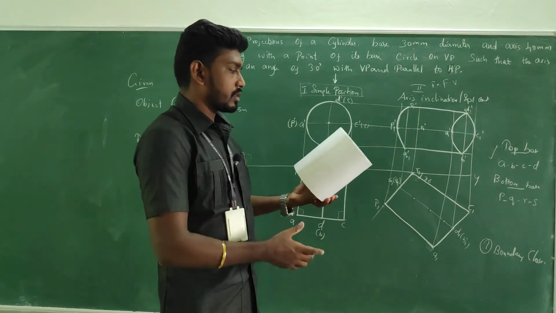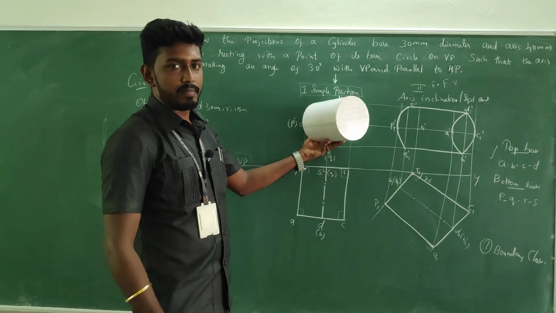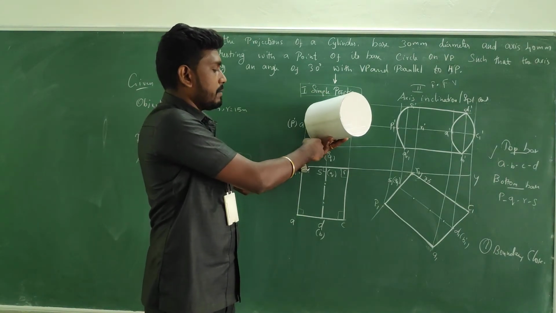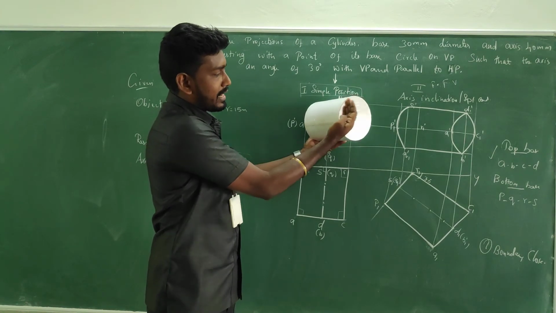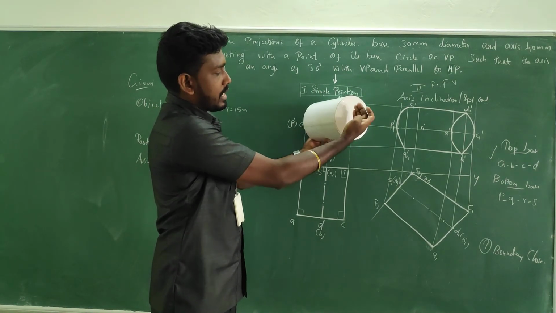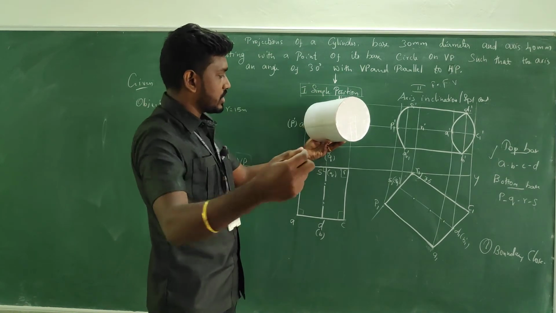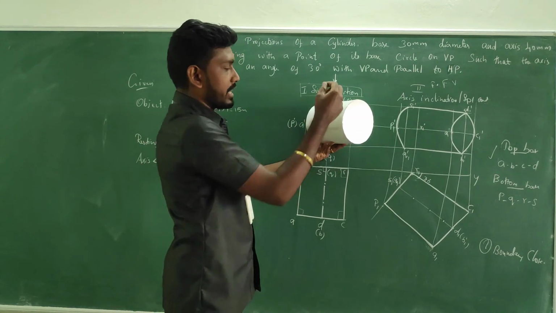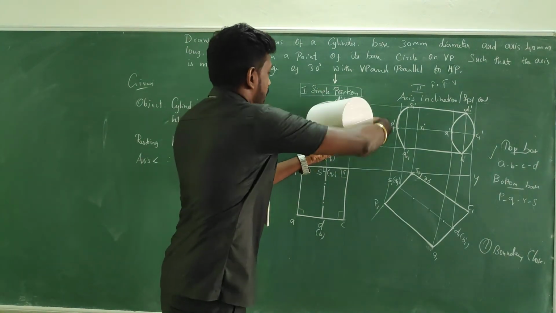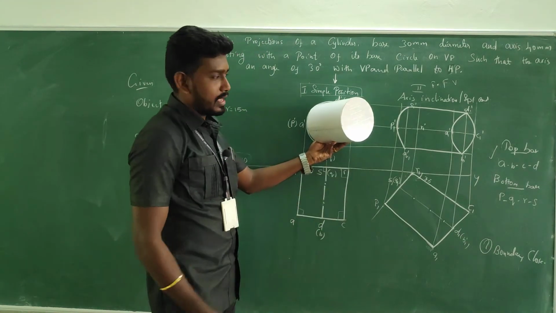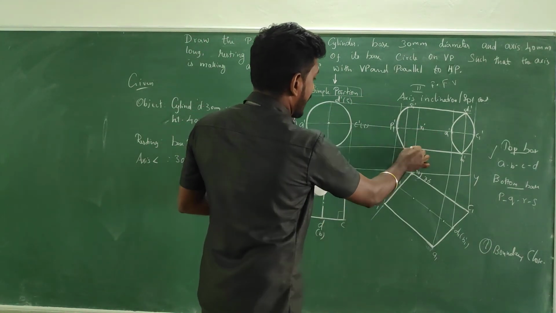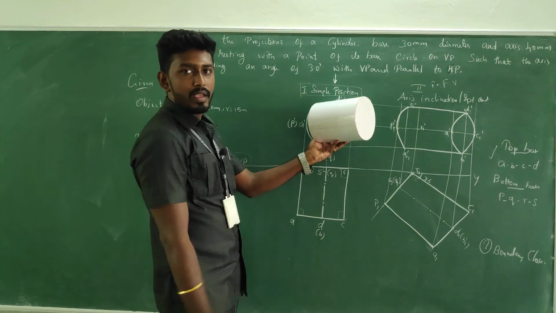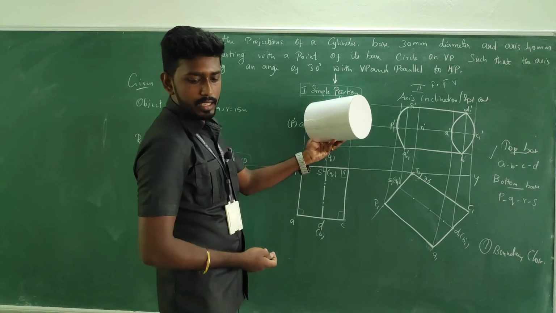So when you are looking from the front, partially the region above the axis you can see, and the portion which is behind the axis, in the front view, won't be visible. That means the region S, R and Q will be invisible, lying behind.